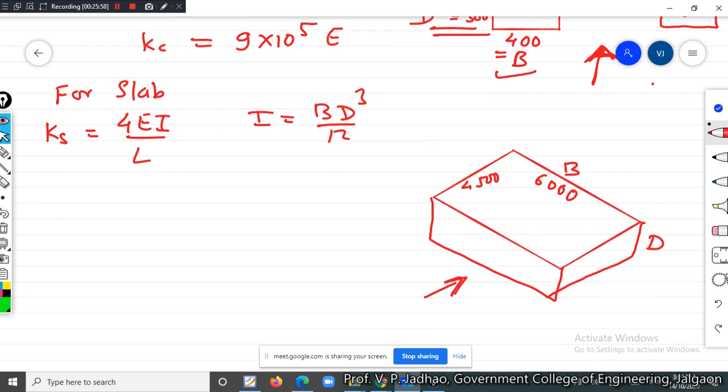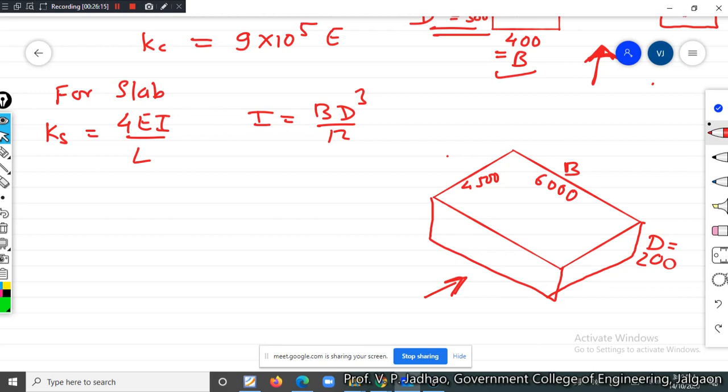this 6000 will become B, and this depth will again be 200 mm, that is 0.2 meters.